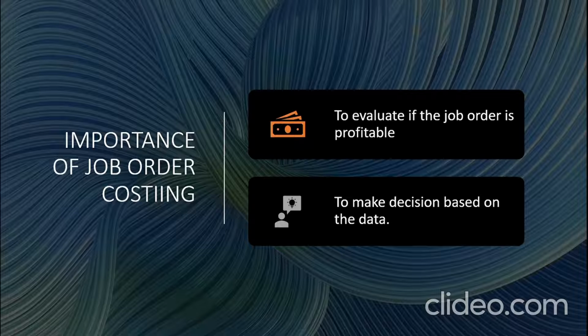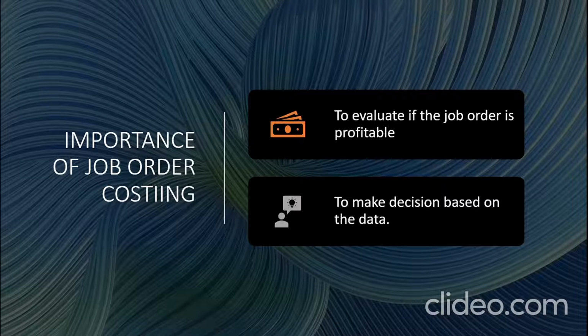Why is job order costing important? One importance is to evaluate if the job order is profitable. By applying job order costing, the company can estimate the value of labor, materials, and overhead that will be spent on a single job.